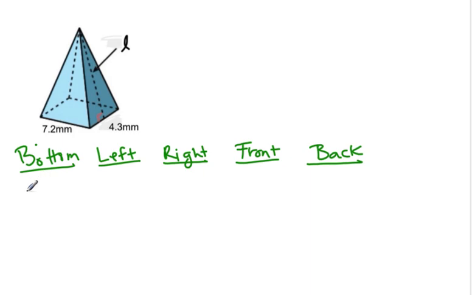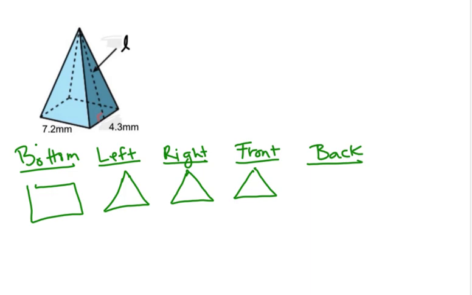So the bottom is a rectangle. The left-hand side is a triangle. And with a pyramid, we know that all of them are triangles because they come to a point. At least somebody's making a point. Okay, so we have 7.2 by 4.3.